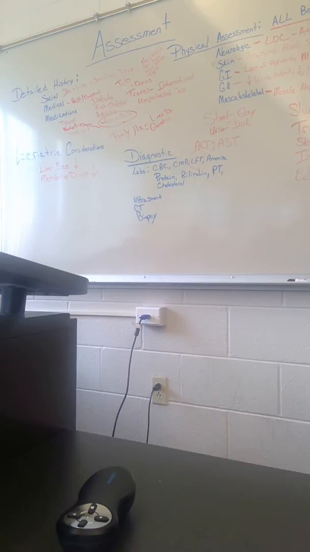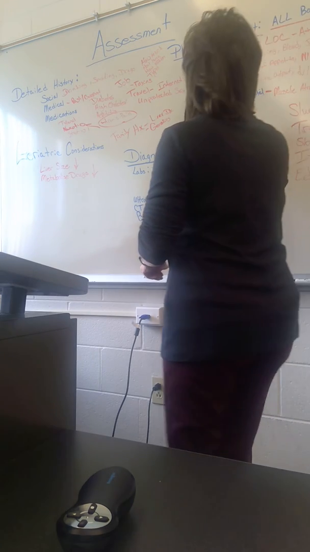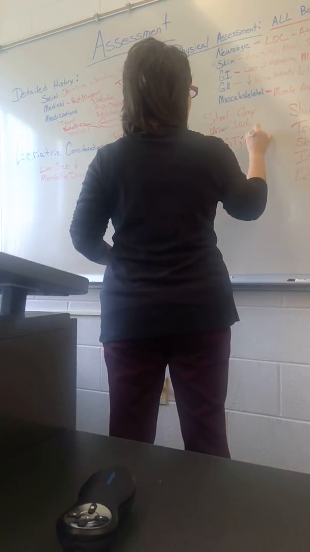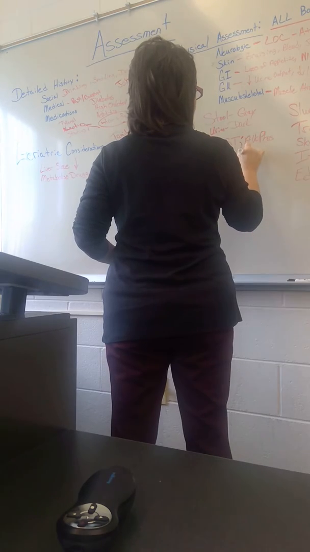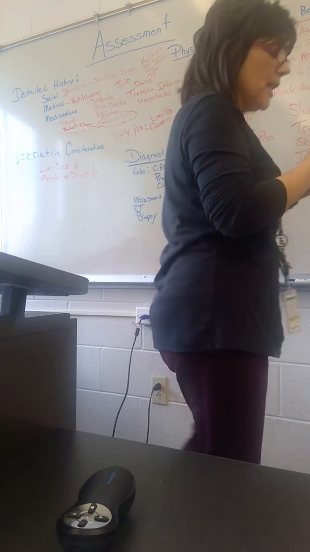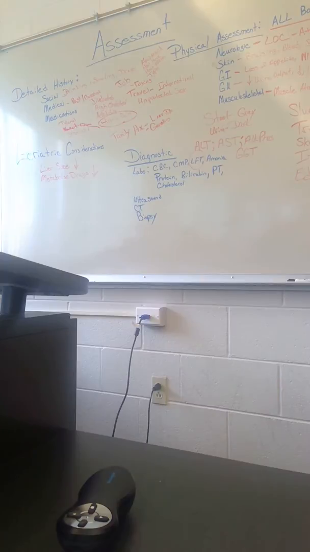We also want to look for ALK phos and a GGT, okay? So ALK phos, that's alkaline phosphatase, and a GGT. So alkaline phosphatase, that is a test that we want to look for to confirm that it is hepatic in origin, that the problem is coming from the hepatic area.